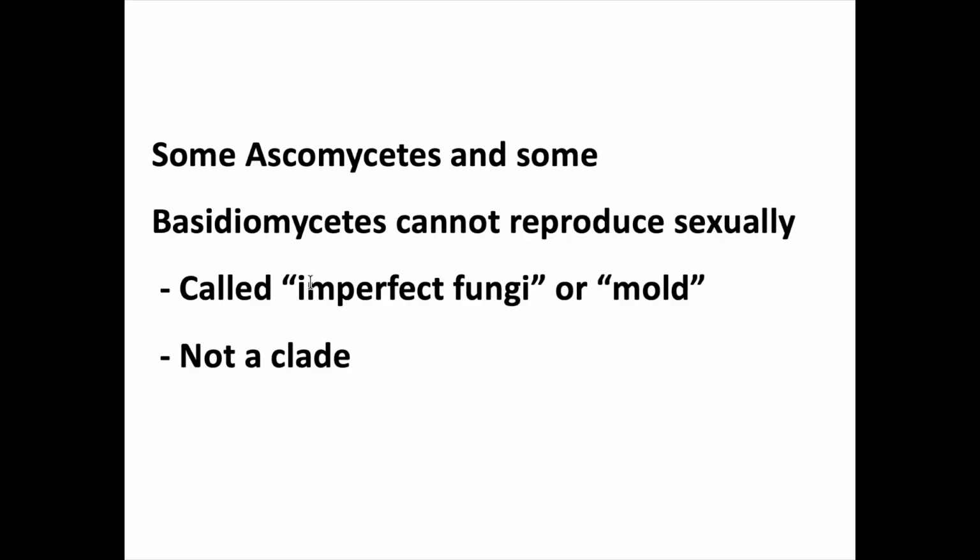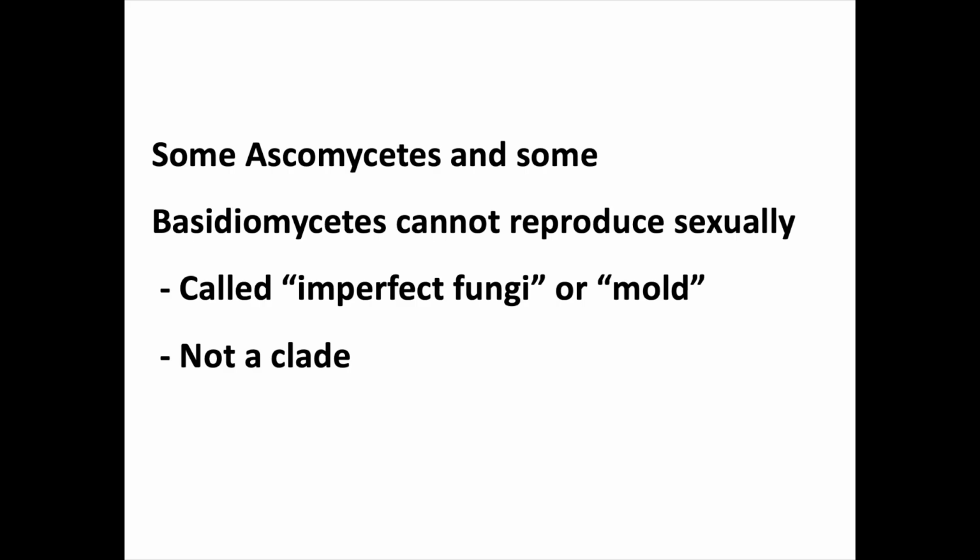So when you hear the term imperfect fungi or mold, it's specifically referring to ascomycetes and basidiomycetes that don't do sexual reproduction. And again, this is not a clade. These are just fungi of these two groups that don't do sexual reproduction.